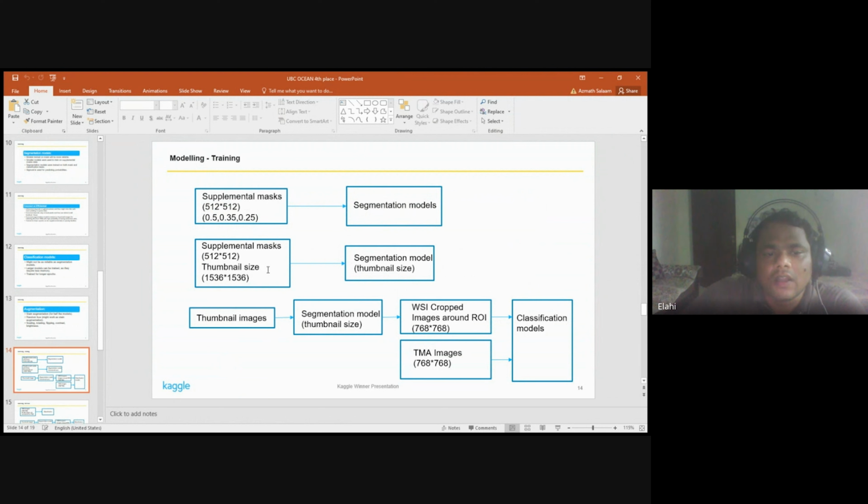I have resized all the thumbnail images to 1536 by 1536 and trained a single segmentation model. After training, I selected the particular pixel with maximum probability of having a cancerous spot, and then I cropped the region around that pixel. And using those cropped images and TMA images, I have trained classification models.